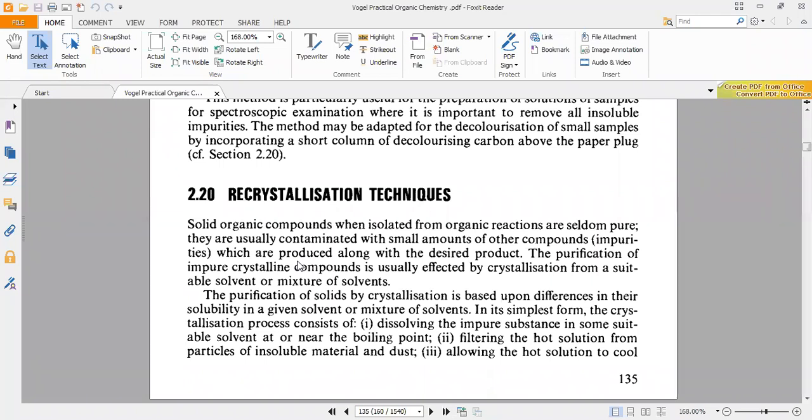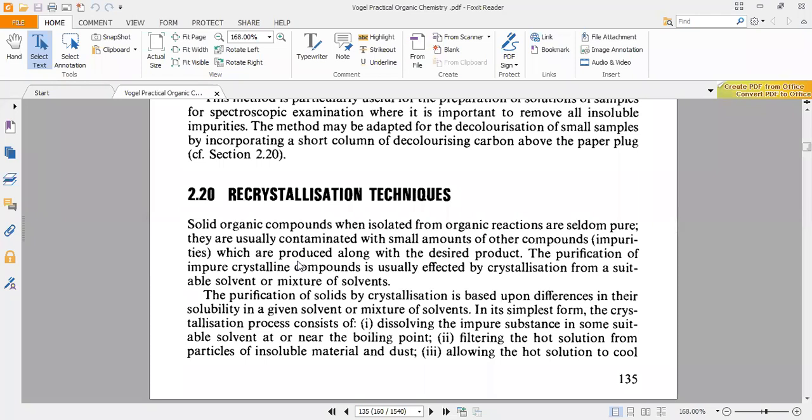But crystallization is based upon what? If you are getting solid precipitates during a chemical reaction, we can think of crystallization. All right. But on what principle is crystallization dependent? Boiling point is exploited in distillation: we exploit the boiling points of different liquids, on the basis of which we separate them.